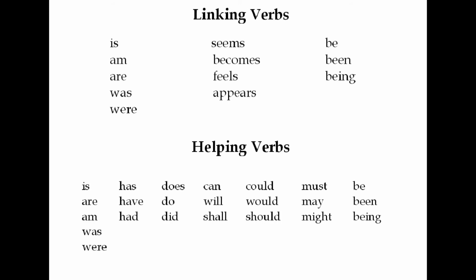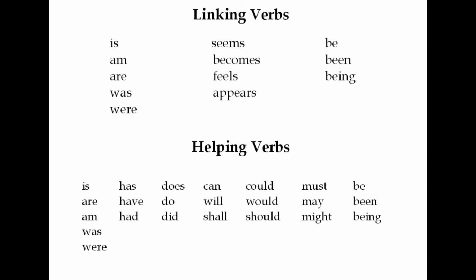All these can be used as helping verbs, especially in passive voice. You have seen they are used as helping verbs. So now I think you are very clear about linking verbs and helping verbs. Helping verbs are also auxiliary verbs. So it's very clear about all these things.